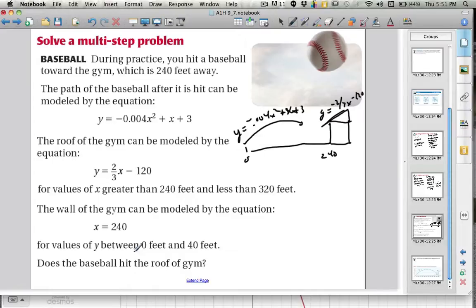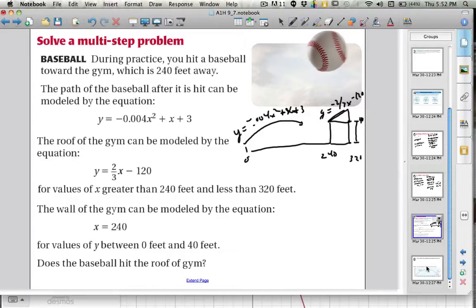And the roof only exists between 240 feet and 320 feet. So this is the other side, and we've got no overhang here. Okay, so now what we want to see, right, and we also know that my wall is 40 feet high, so it's got to be between 0 and 40. Does the baseball hit the roof of the gym?